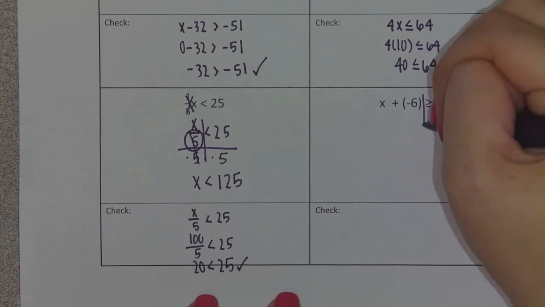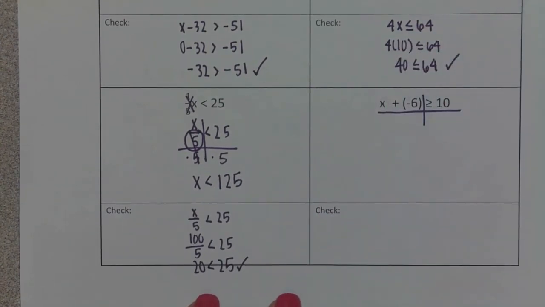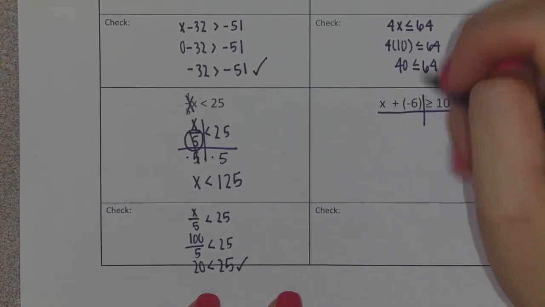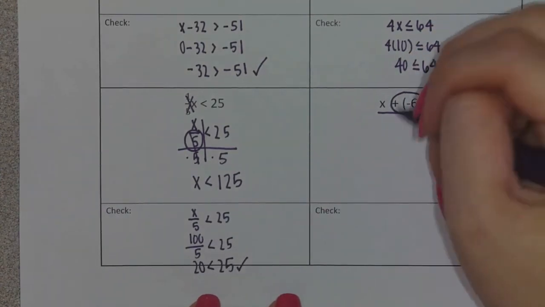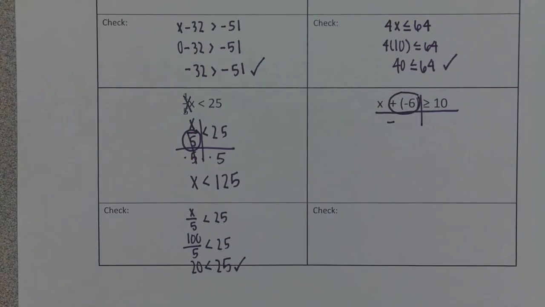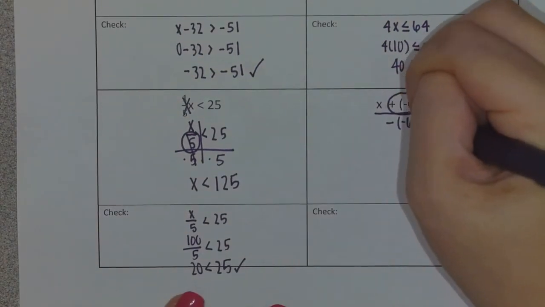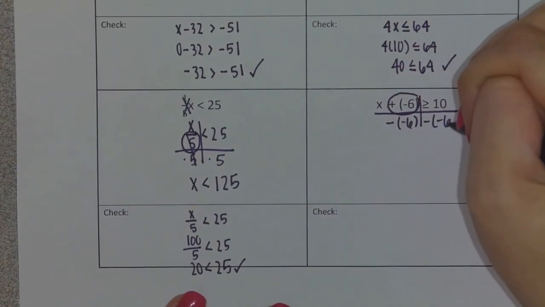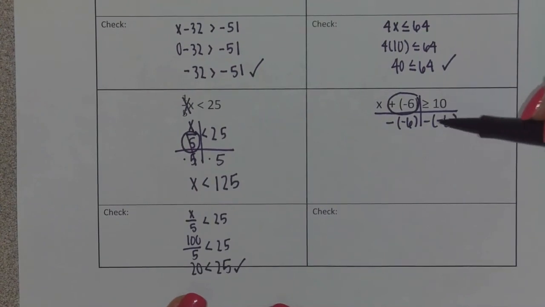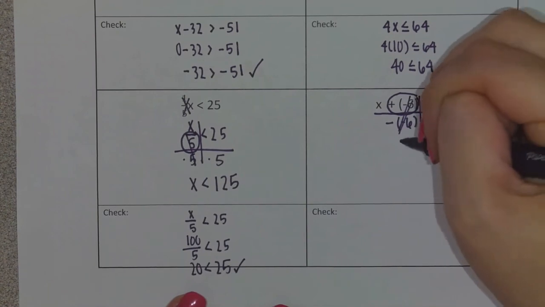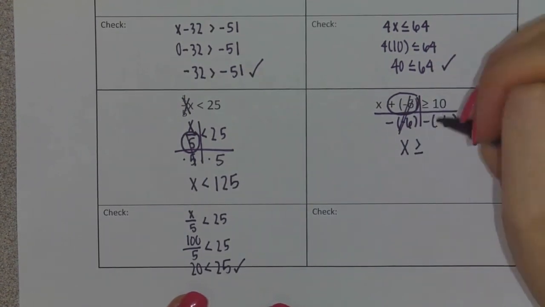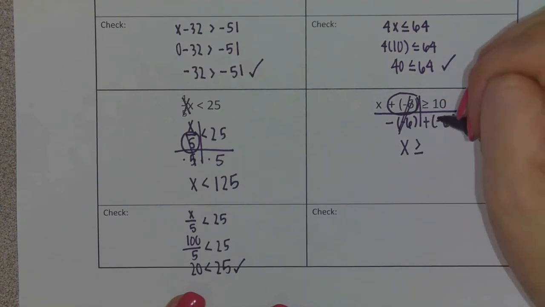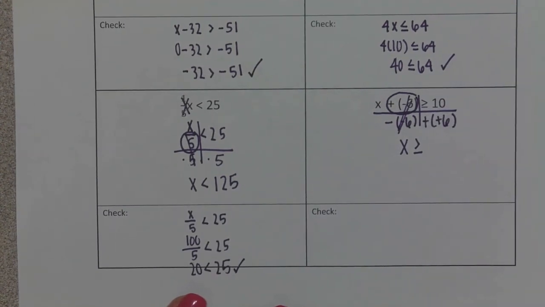For our last one, I have x plus negative 6 is greater than or equal to 10. So what's bothering the x right now is that plus negative 6. So the opposite would be minus negative 6. So again, I have 10 minus negative 6. When I am subtracting with a negative number, I always want to use LCO. So I'm going to leave the 10, change this to addition, and the opposite of negative 6 is positive 6.